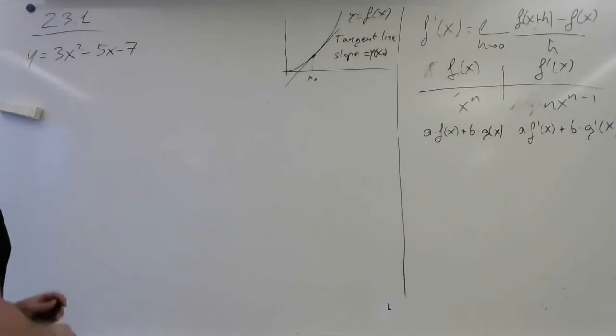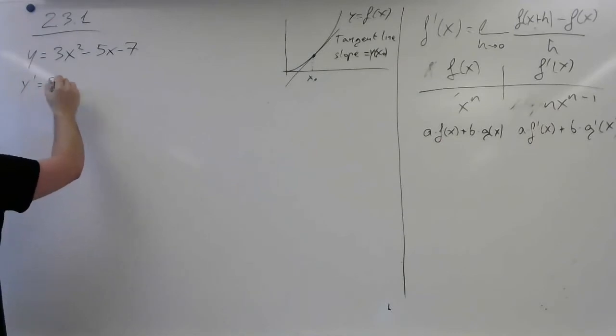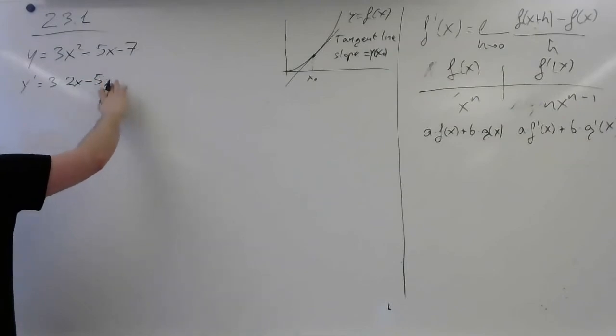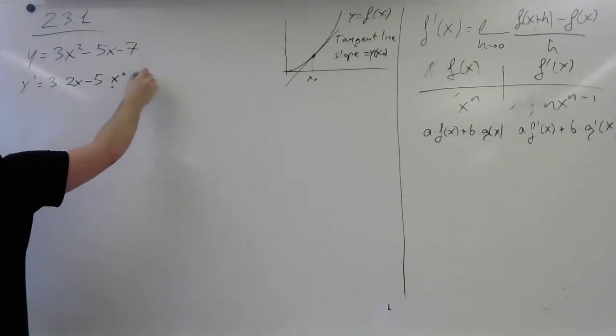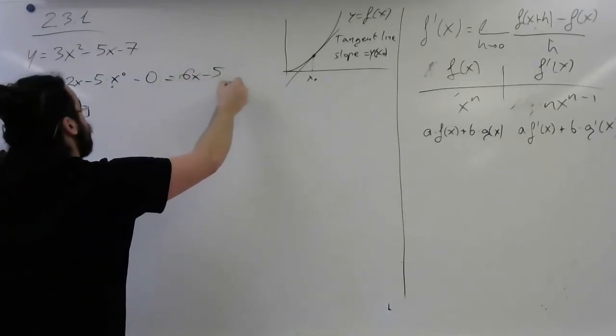Y prime is 6x minus 5. Let's see. We use our formula for monomials. This is 3 times 2x minus 5. Okay, this is 6x minus 5. Good.